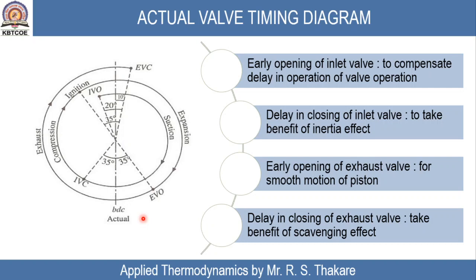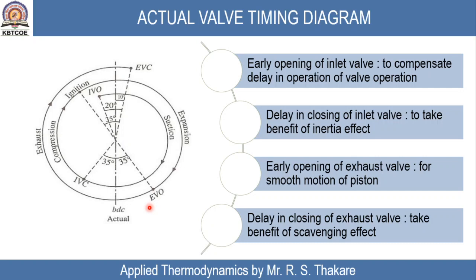So to provide smooth reverse motion of the piston, there should be release of pressure. And to release that pressure, we open exhaust valve early. So due to early opening of exhaust valve, there will be release of pressure, and due to release of pressure, there will be smooth reverse motion of the piston. Okay, so this is reason behind early opening of exhaust valve.